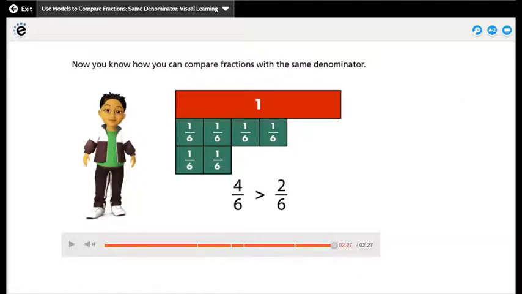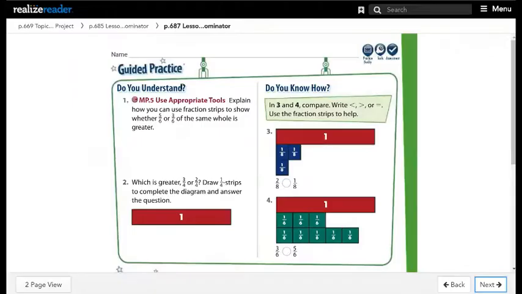Let's solve questions now. Page 687. In 3 and 4, compare, write less than, greater than, or equal, and use fraction strips to help. In question number 3, this is 2/8, and this is 1/8.